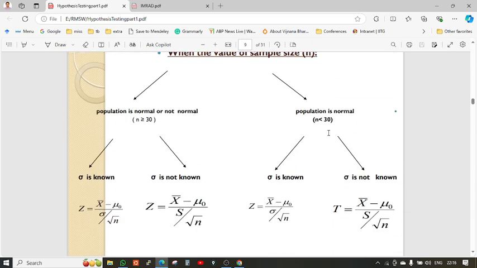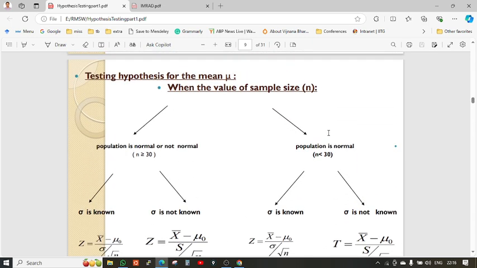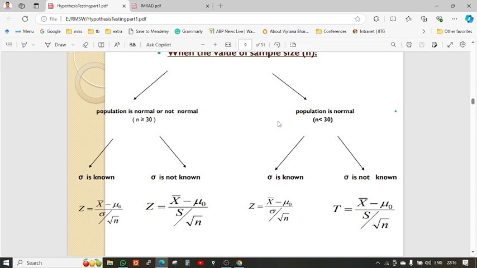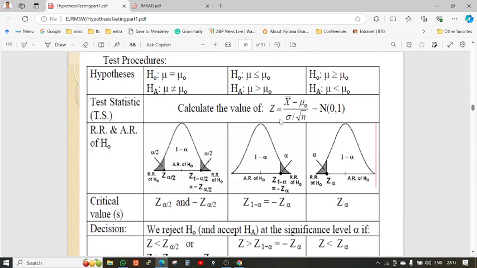For both cases, whether it is normal or not normal, and whether sigma is given or not given, we have to use either the Z statistic or, sorry, the T statistic test. For example, if it is two-sided, the rejection region is on both sides of the normal curve; if it is a one-sided tail test on the positive side, it is called a positive Z test, and on the negative side a negative Z test.